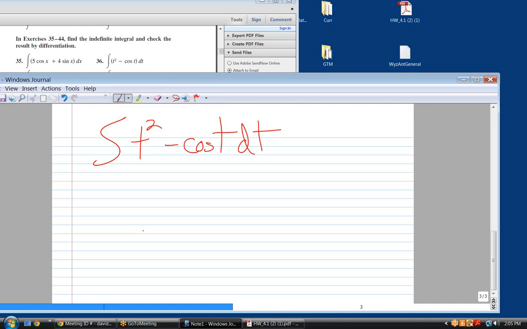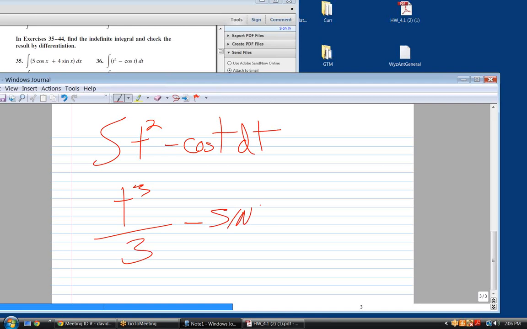So we would start with the t squared and make that into a t to the third over 3 minus, so that would be negative sine t.